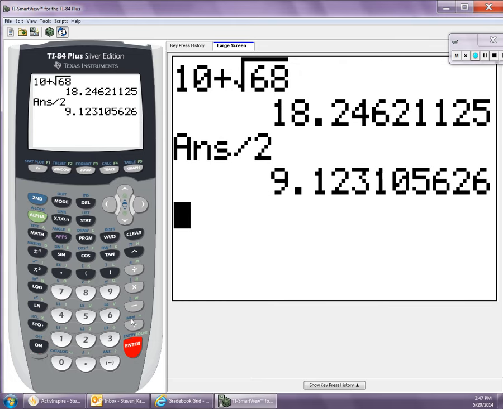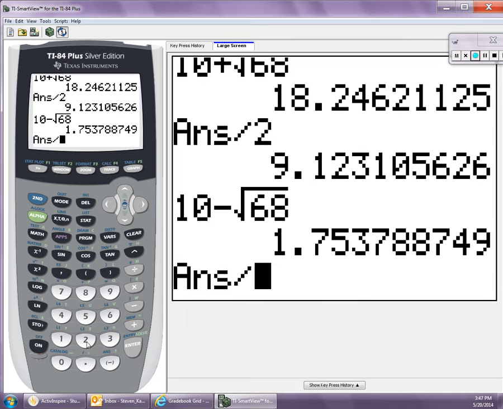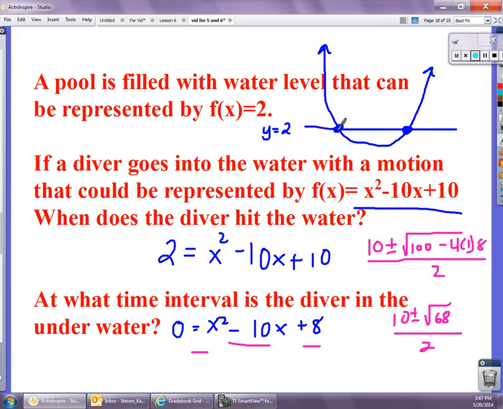You get about 9.1 seconds. And then 10 minus root 68, divided by 2. You get 0.88. So 9.1 and 0.88. So let me go ahead and go back into my equation.